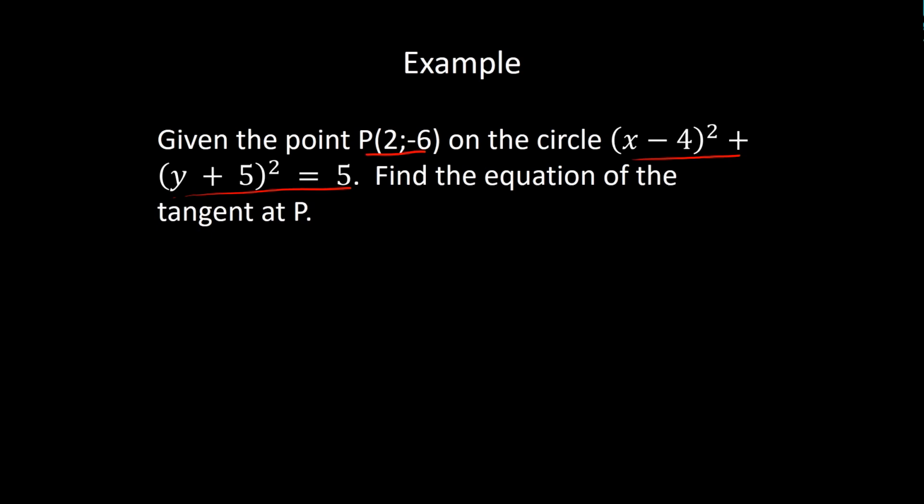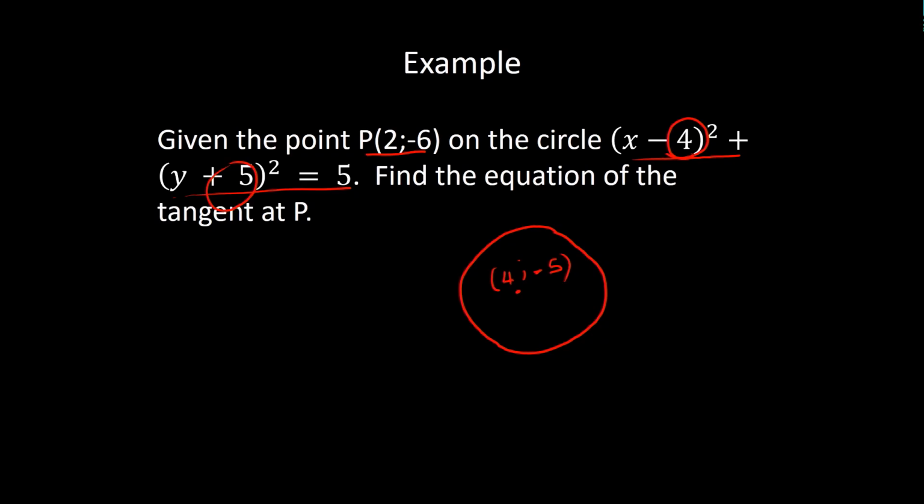So the first thing I like to do when I read a question like this is to make a sketch. And on the sketch, I mark down all of the information that's been given. So we've got a circle. We see that the center coordinates are going to be 4 and -5. Remember, you always swap the signs when you take them out of those brackets. So the center of the circle will have coordinates 4 and -5.